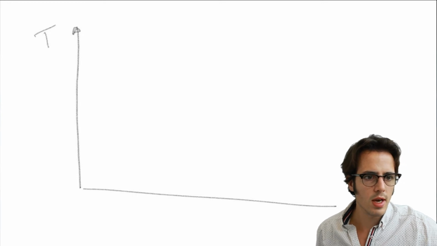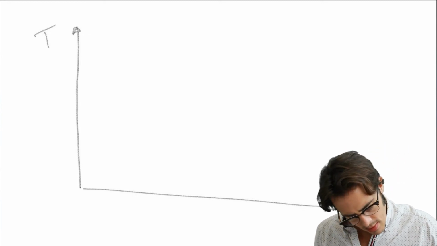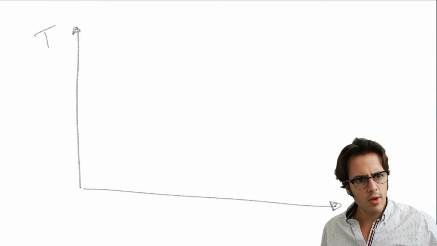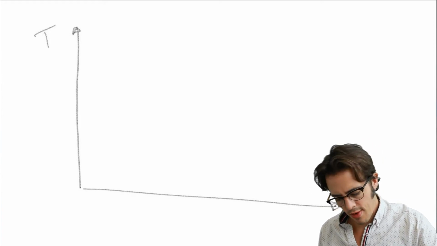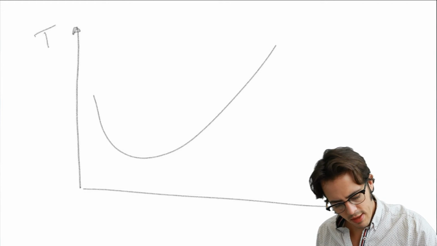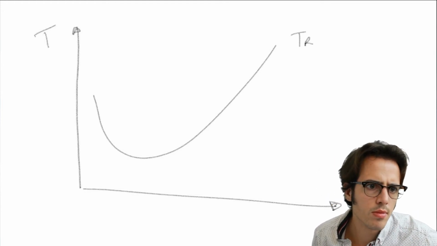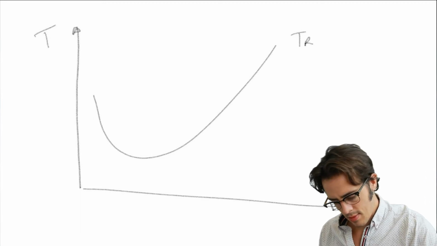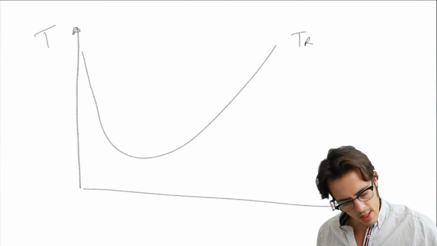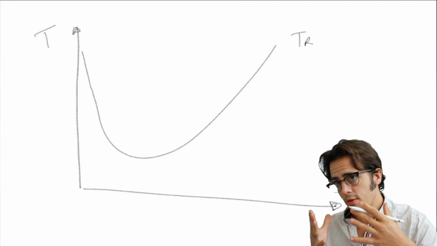There we go. Okay. And we've got forward speed. We're going to plot our thrust required curve, and then we're going to plot our thrust available curve.